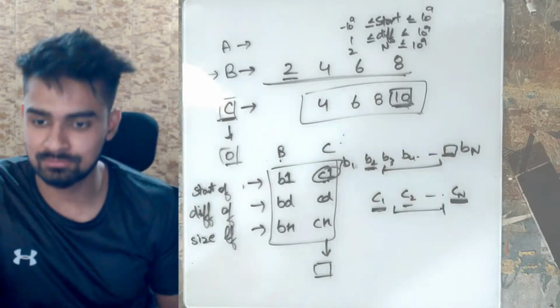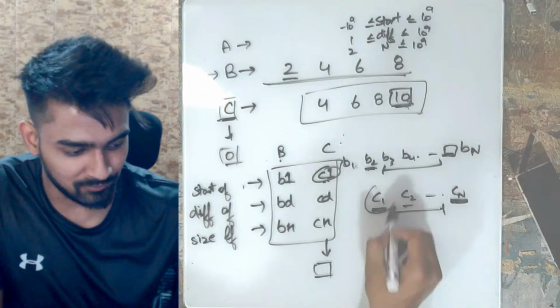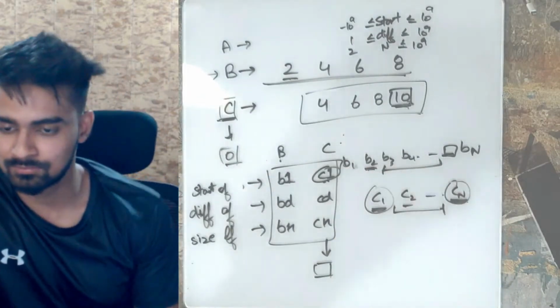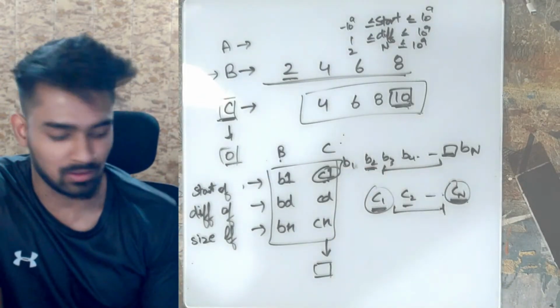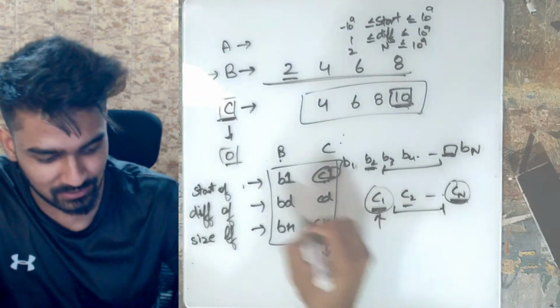So you only have to check the very first value and the last value. Now, how to check if C1 is present in this?